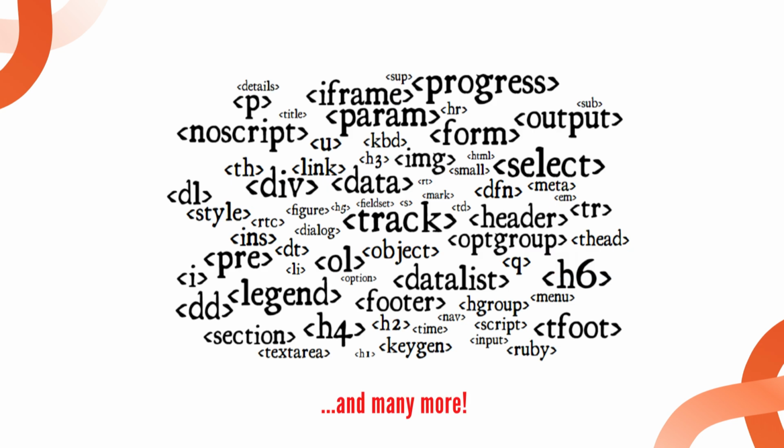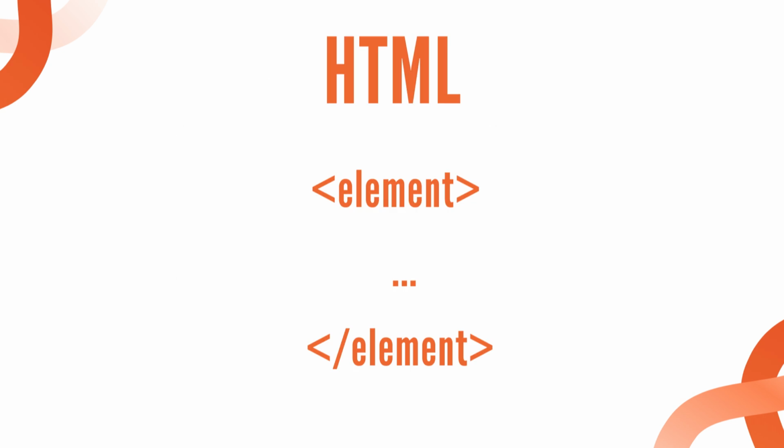Now there are hundreds of HTML elements, but the syntax for all of these elements follows the same format. You enclose the element name within angle brackets. So you have a left angle bracket followed by the element name followed by a right angle bracket.